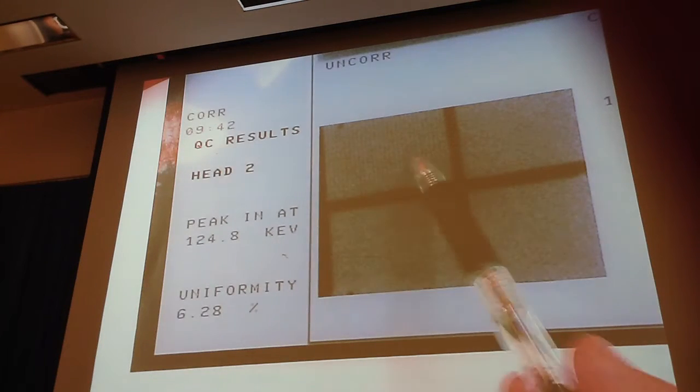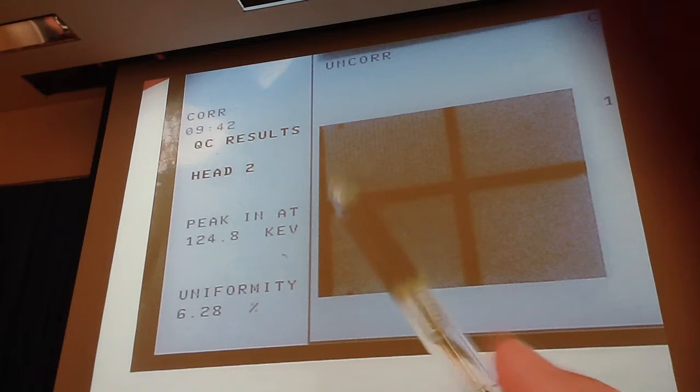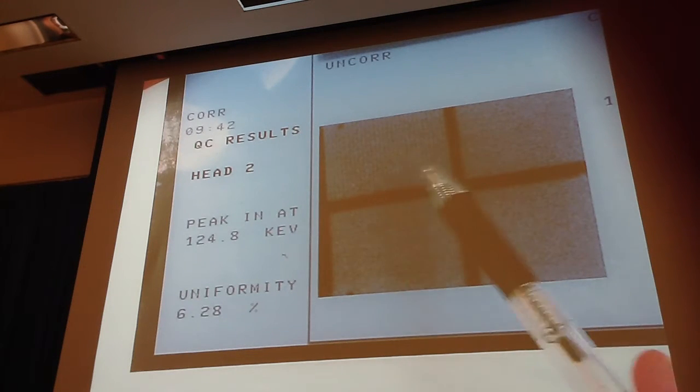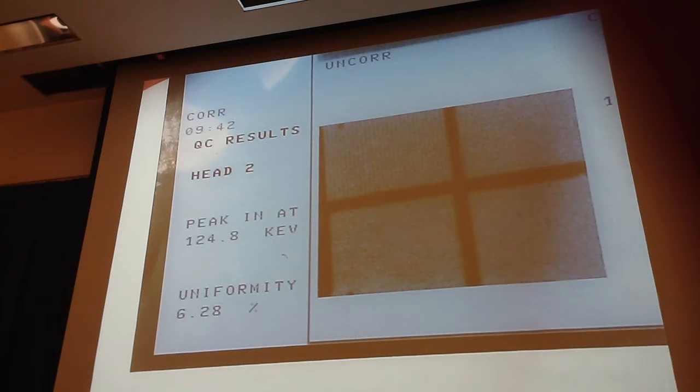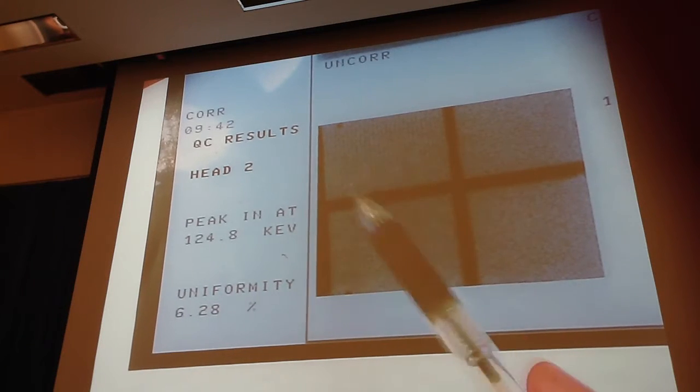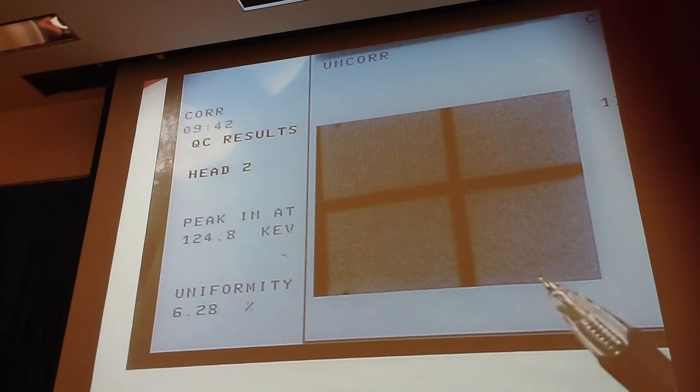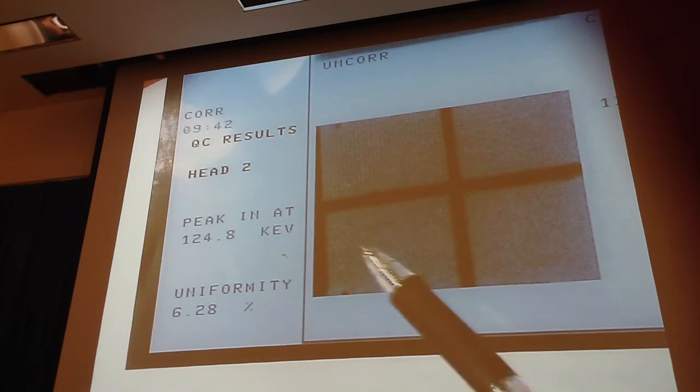In other words, you can buy these 4-quadrant phantoms with different size LED strips, and if the LED strips are too small for them to be seen by your gamma camera, then this is what you're going to get. That's especially true of older systems. So if you have one that has very tiny LED lines in there, it's not going to be seen by an older system.